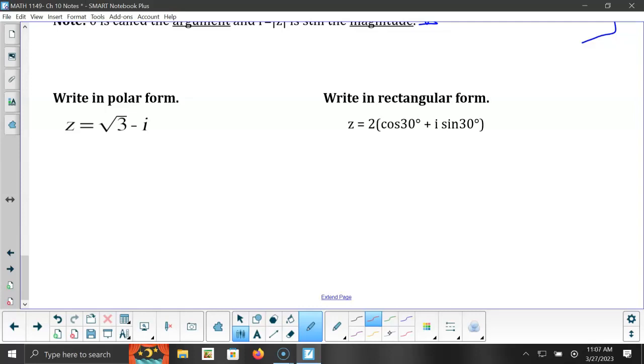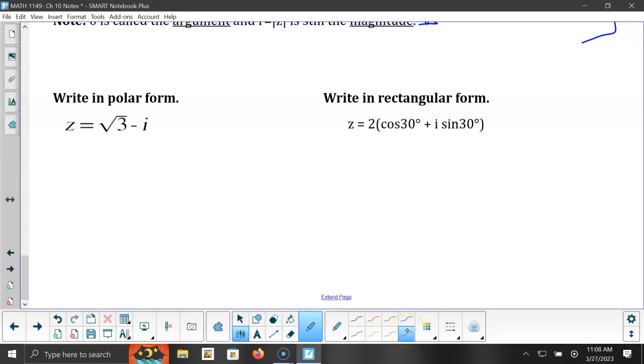So take a second, write it down, and then we're going to start with the right side. All right, so starting with this right-hand side.